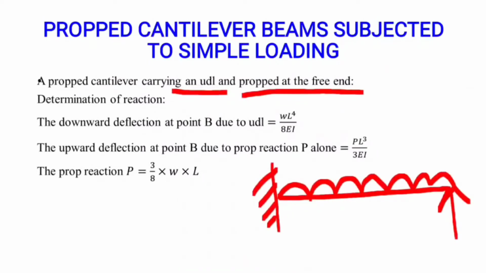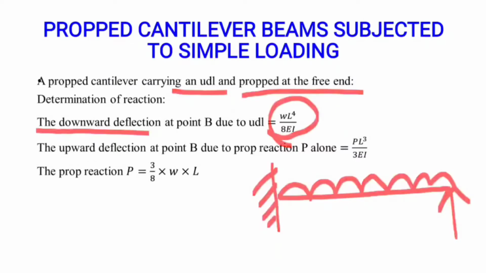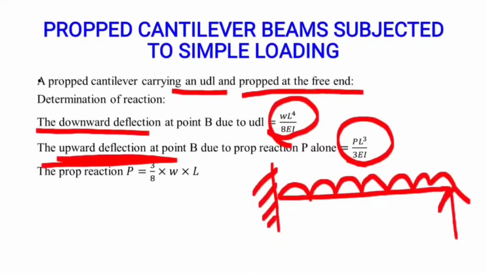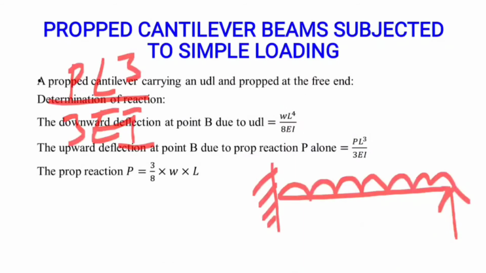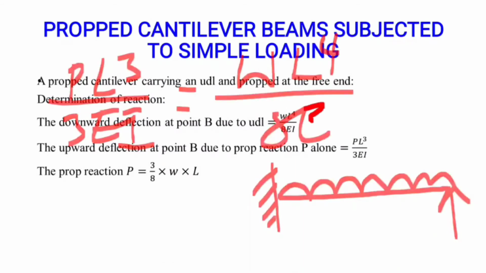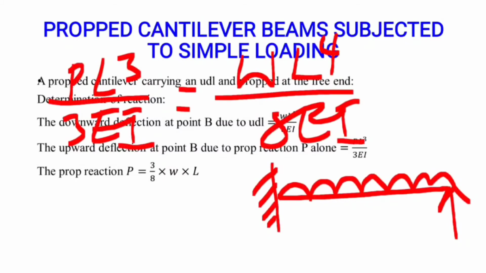Due to the UDL, the downward deflection is given by WL power 4 by 8 EI, and the upward deflection due to prop is PL cube by 3 EI. If you equate both, PL cube by 3 EI is equal to WL power 4 by 8 EI. This is small w, not capital W.